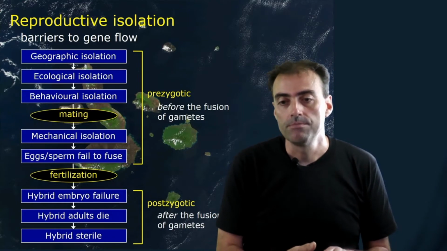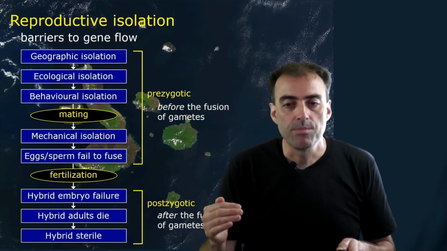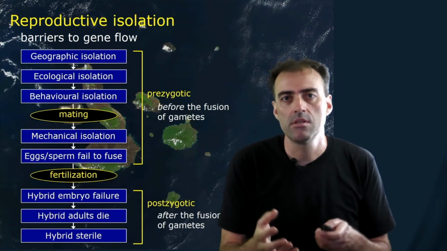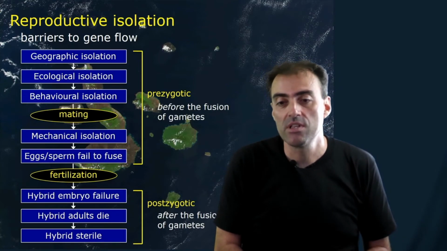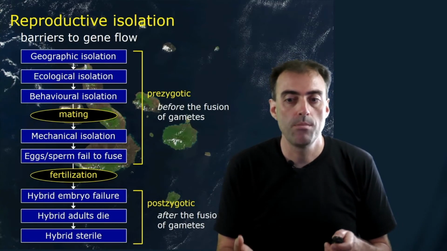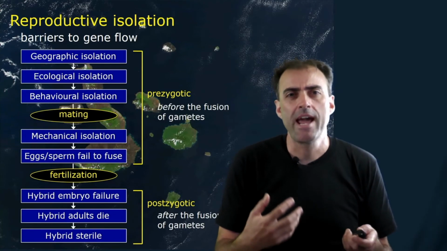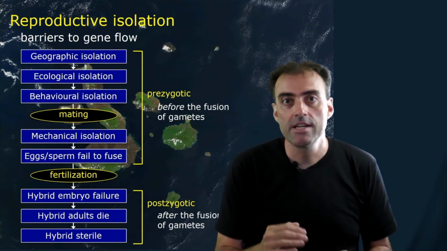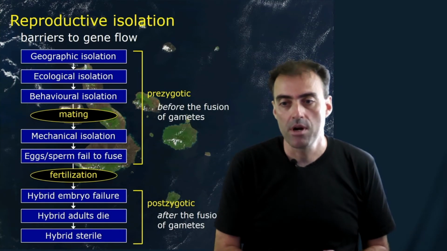That's prezygotic, that's before mating, and then they mate, and then there may be mechanical isolation. Perhaps the genitalia just don't match for these guys to actually be able to mate properly, and the eggs or sperm fail to fuse. So there's perhaps some genetic problems there as well. So before fertilization, prezygotic reproductive isolation.